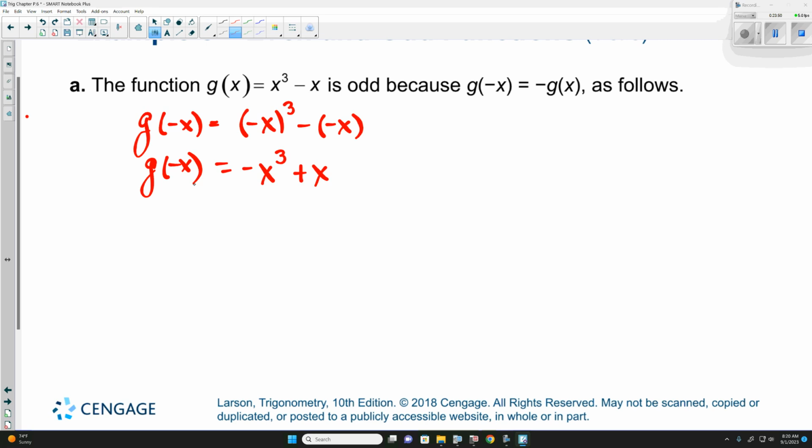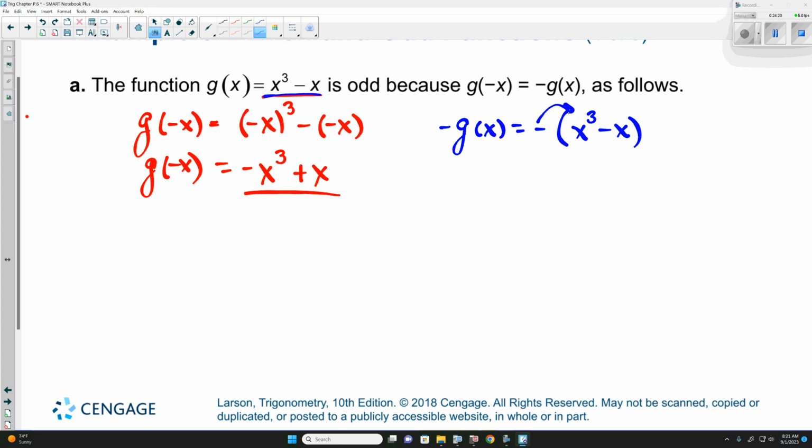Now, if this had been even, this equation and this equation would be the same. Well, as we can see here, they are not. Now, for it to be odd, we also need to look at negative g of x. Now, at this point here, we didn't change the x at all, so we're going to replace g of x with its function, x cubed minus x.